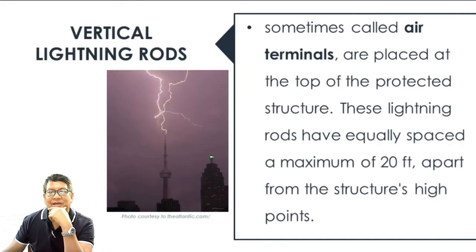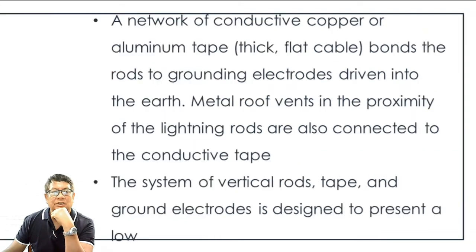Okay, so we have these vertical lightning rods. Some air terminals are placed at the top of the protected structure. These lightning rods are equally spaced a maximum of 20 feet apart from the structure's high points, with a network of conductive copper or aluminum tape.